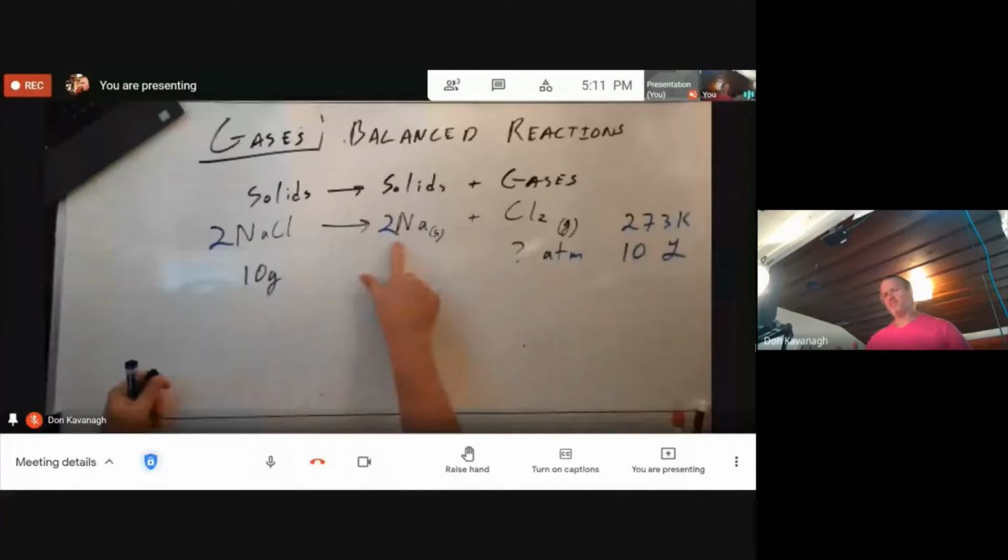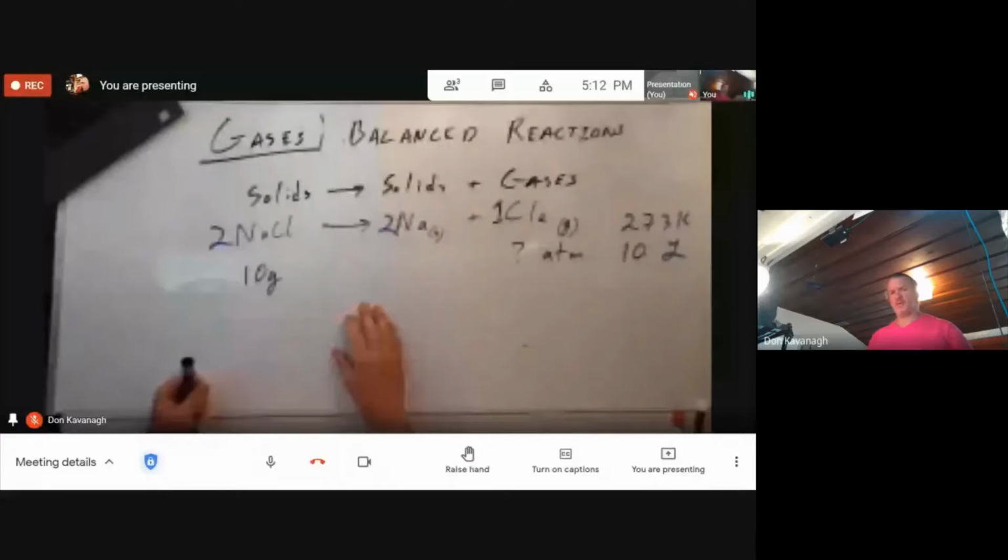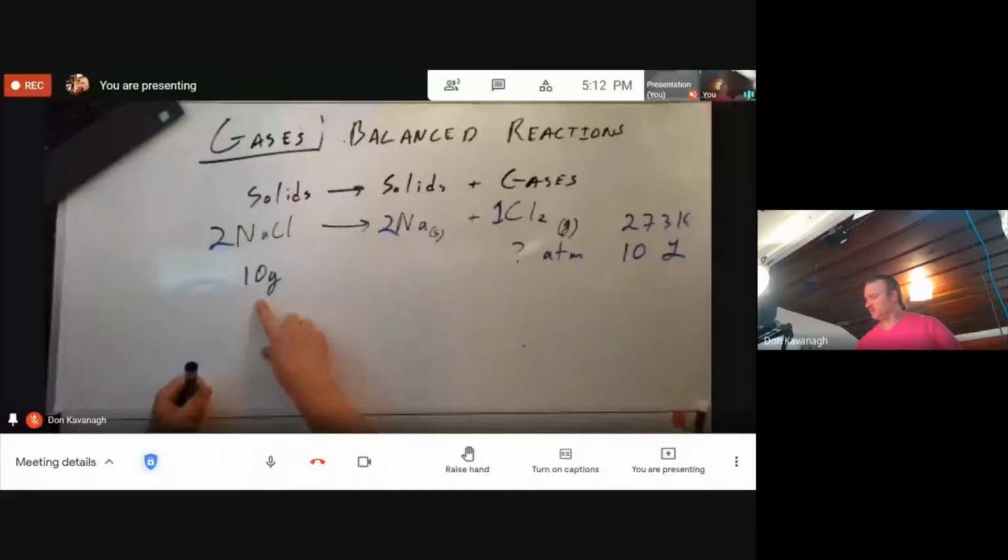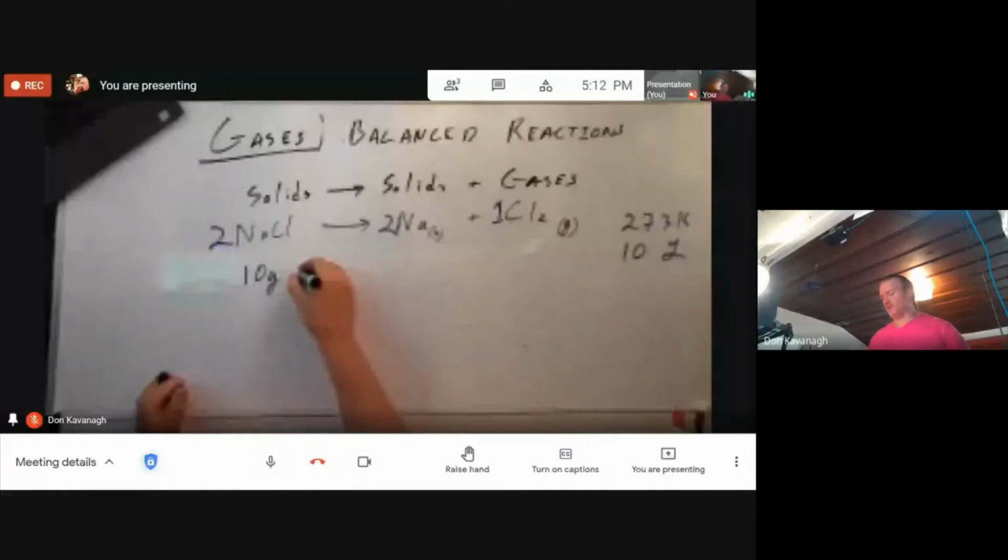So this problem is solved in two steps. The first step is an old one, and the second step is the new. The old is where you have grams of a reactant and you solve for grams of a product.